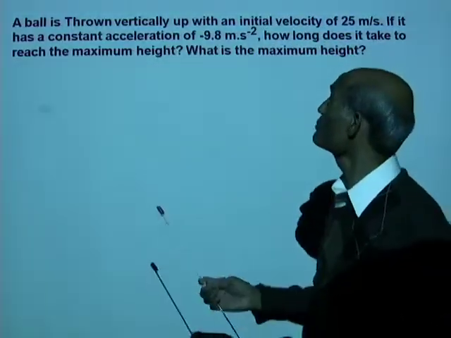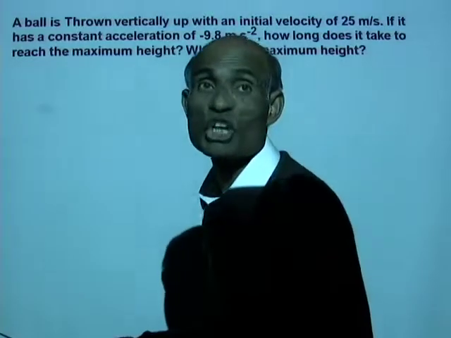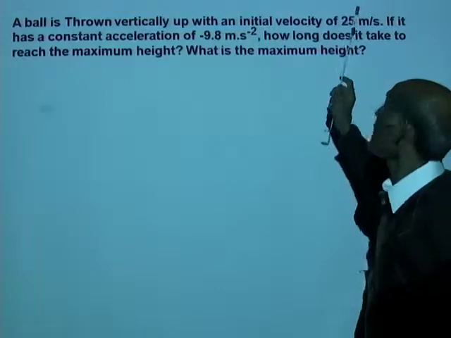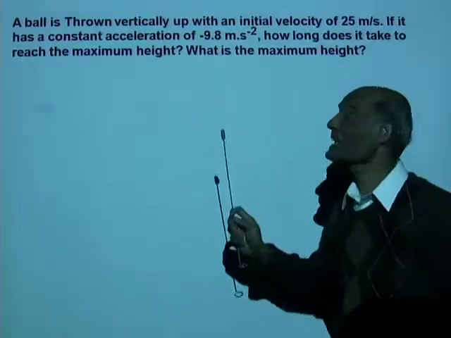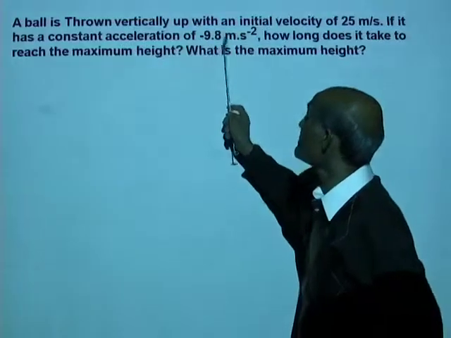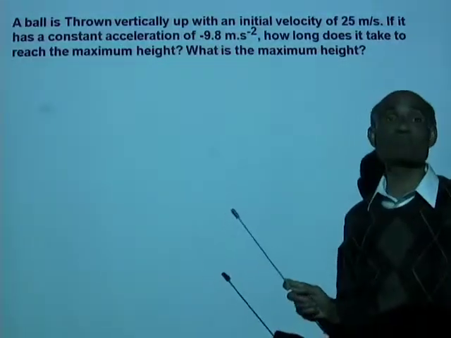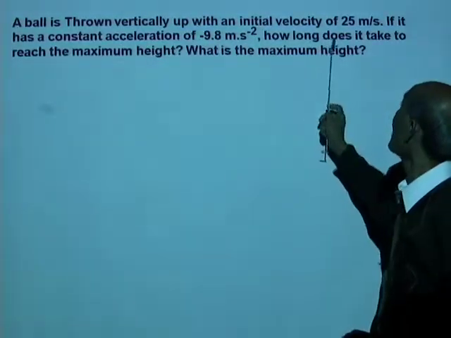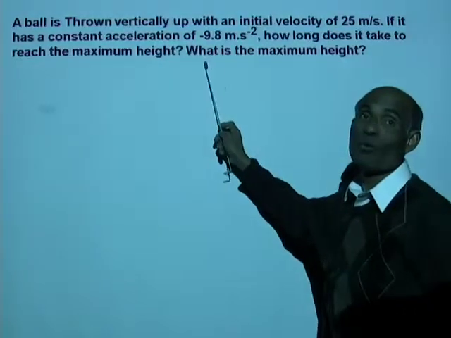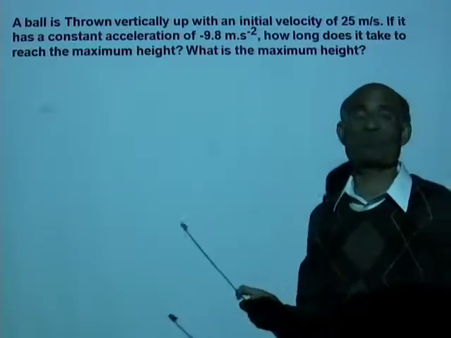In this one, we throw a ball vertically up with an initial velocity of 25 meters per second. If it has a constant acceleration of negative 9.8 meters per second squared, how long does it take to reach the maximum height? What is the maximum height?